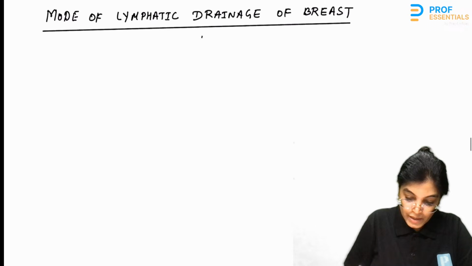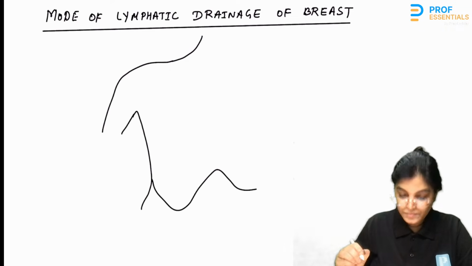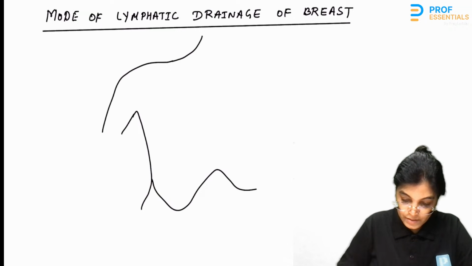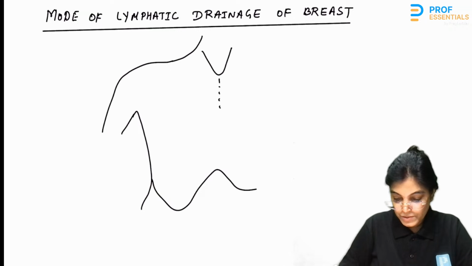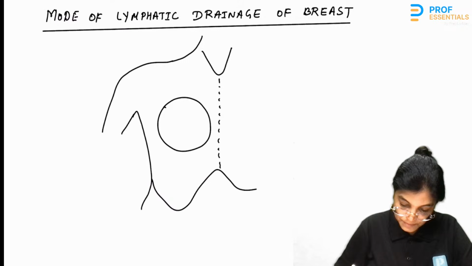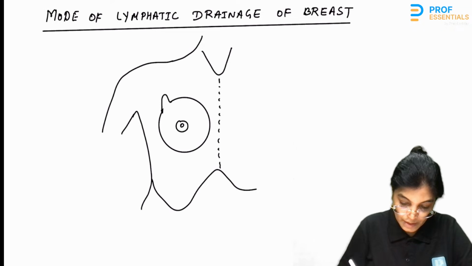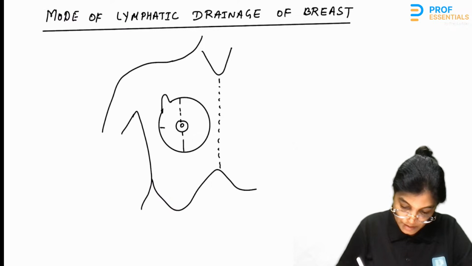Again I will draw an outline showing the lymphatic drainage. Here I'm not doing the breast, I'm just showing the dotted lines like this. Now I will draw the breast. Then I will make 4 quadrants.